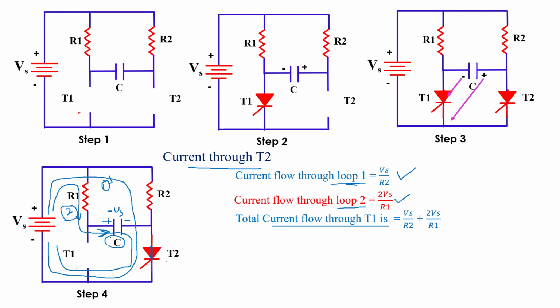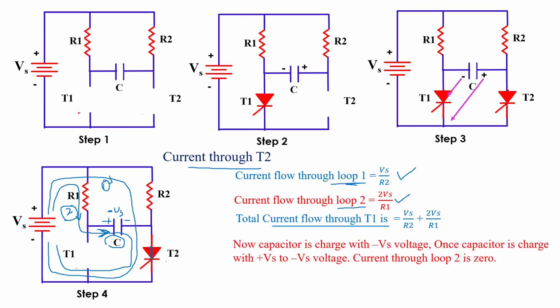When the capacitor starts charging, slowly the current across the capacitor decreases. Once the capacitor is charged with minus Vs voltage completely, the current through loop 2 decreases to 0.